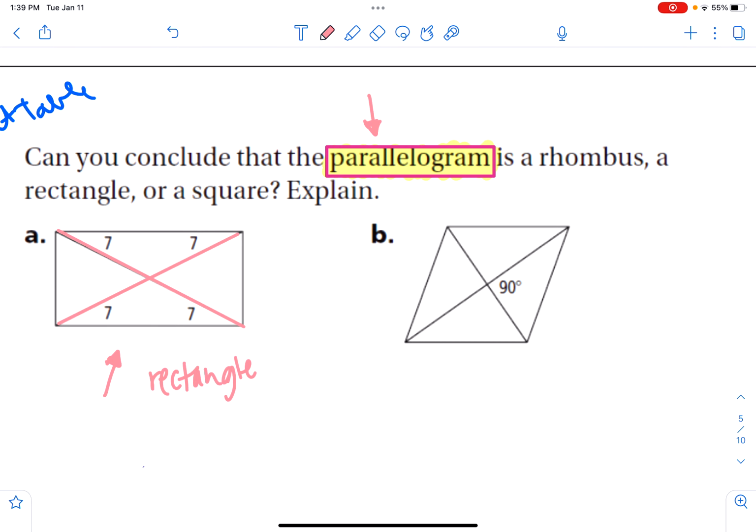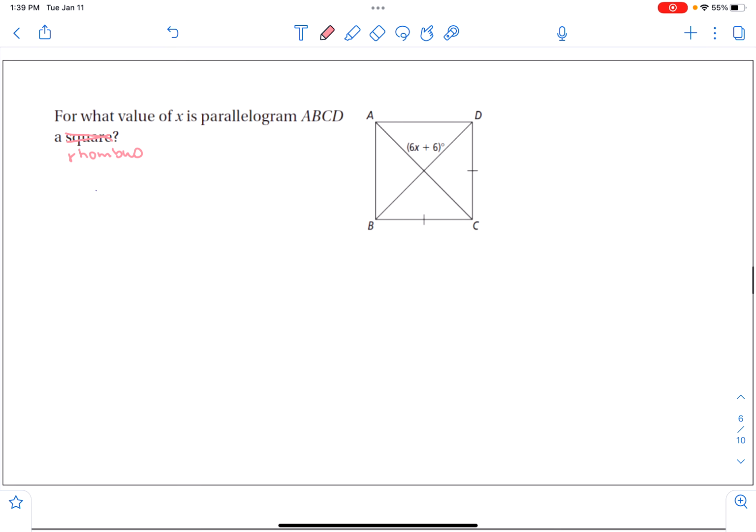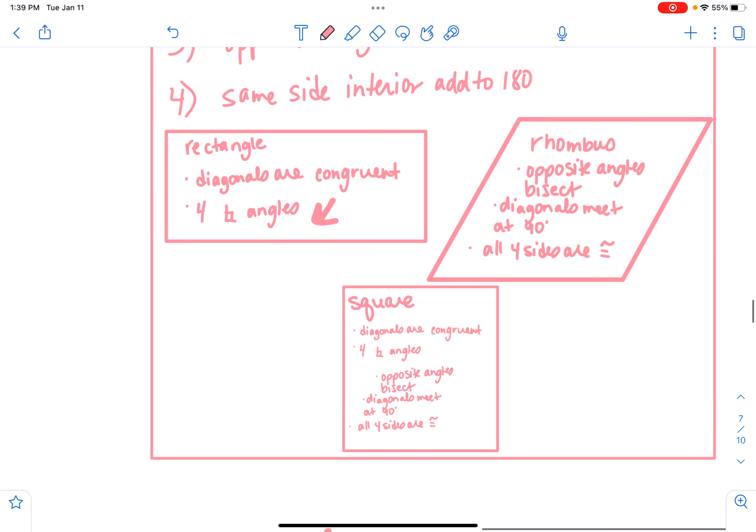So your explanation, you don't have to write it all out, but you would say diagonals are congruent. They are both 14. And if you already know it's a parallelogram, this one would have to be a rhombus because it meets at 90 degrees. So you just go from your list and ask, is it one from here or is it one from here?